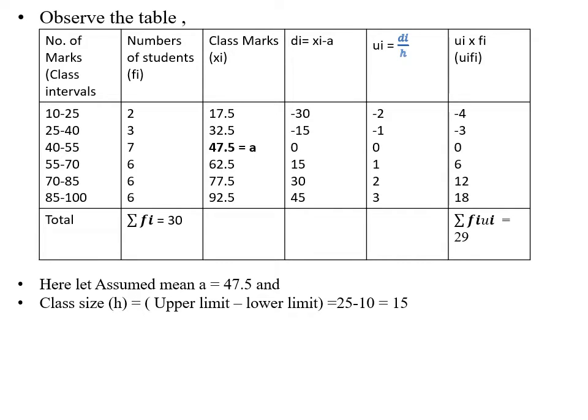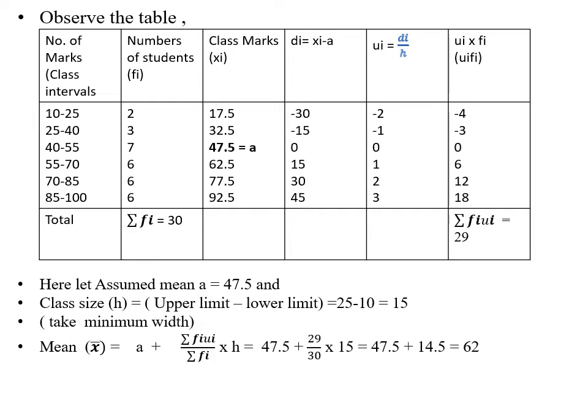In the fourth column, di is calculated, that is, the step deviation for each class interval, and that is minus 30, minus 15, 0, 15, 30 and 45. Then in the fifth column you have to calculate ui. That ui is nothing but di upon h.